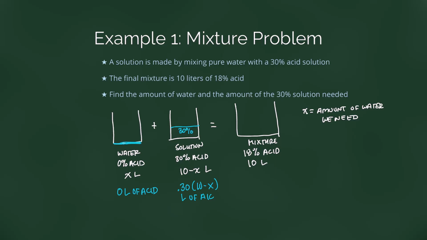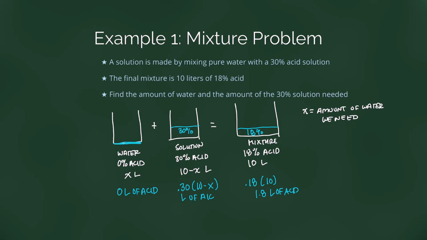Over here, we have 10 liters, and that's 18% acid. 18% is 0.18 times 10, which means we have 1.8 liters of acid in this container.